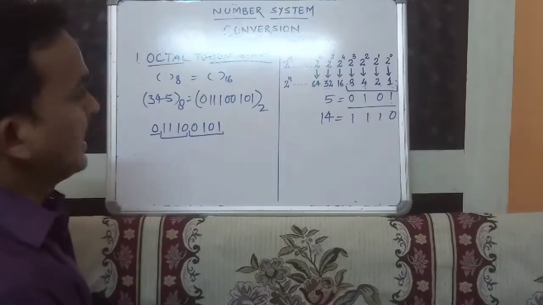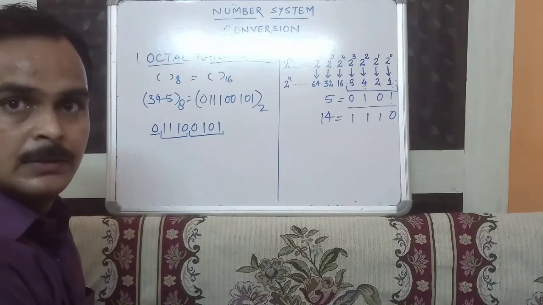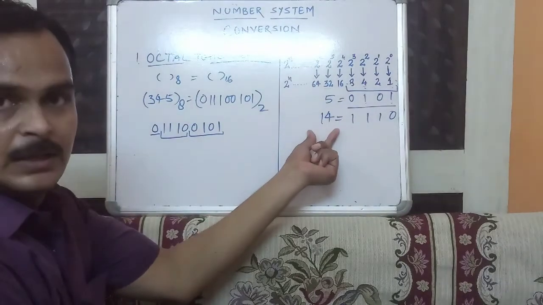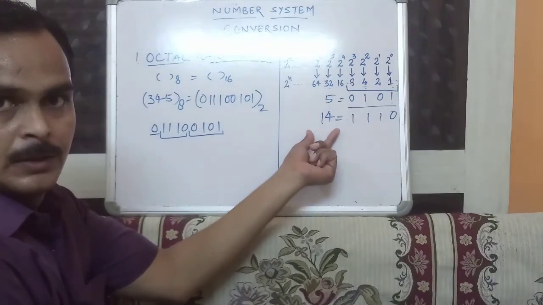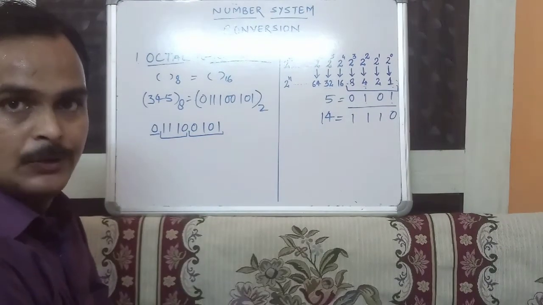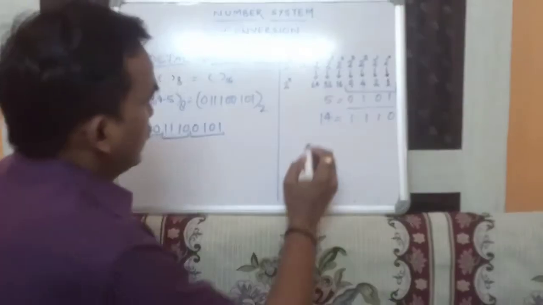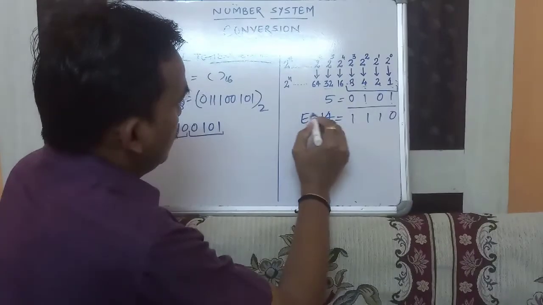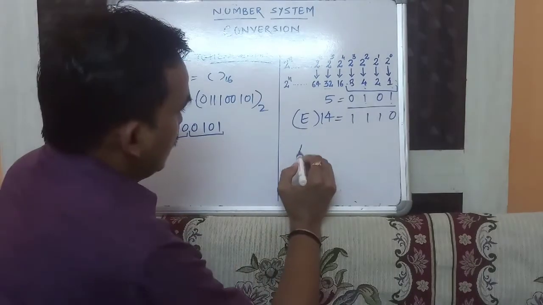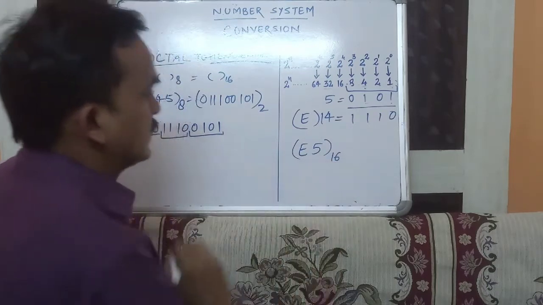So in hexadecimal we write E in place of 14, because 14 has the alphabet value E in the hexadecimal table. So this would be an E. So the final answer would be E5 in terms of hexadecimal.